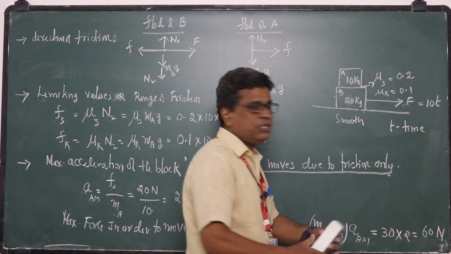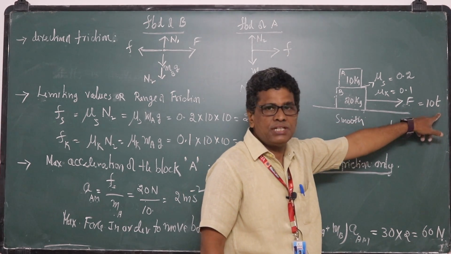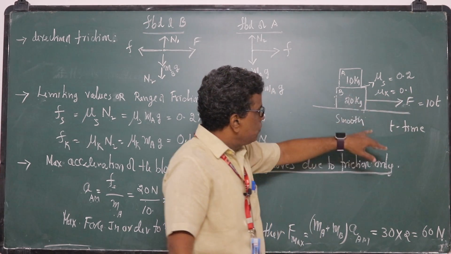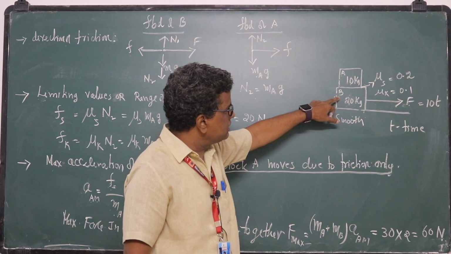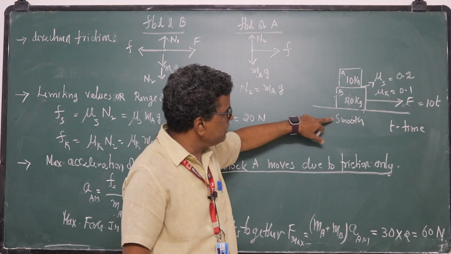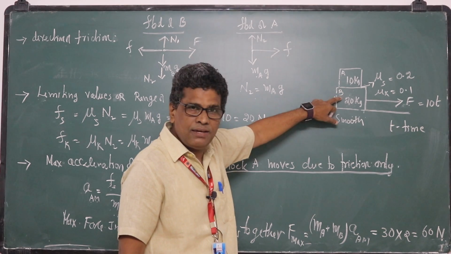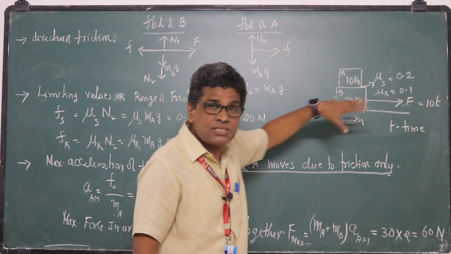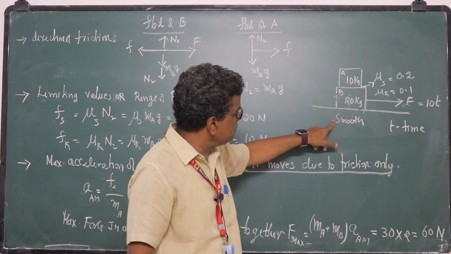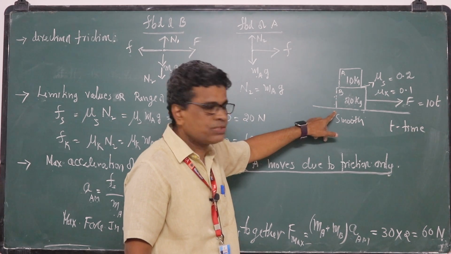So when the magnitude of this force will be 60 newtons, what happens? Since there is no friction between the ground and the block B, there is no frictional force acting on it.